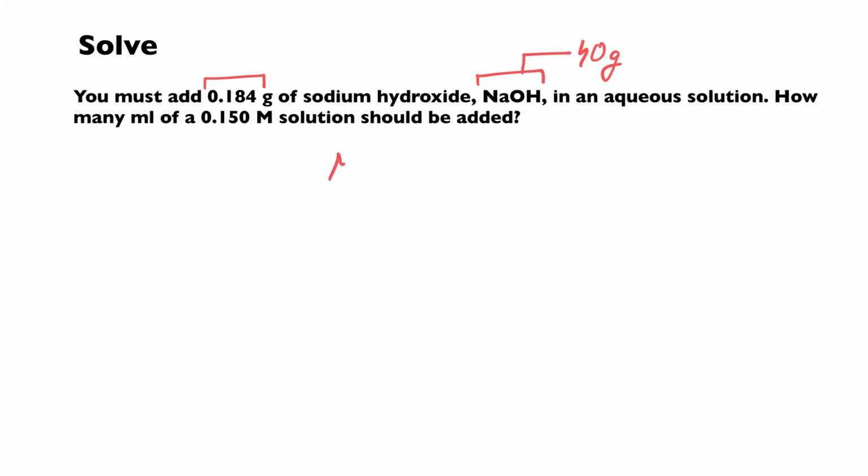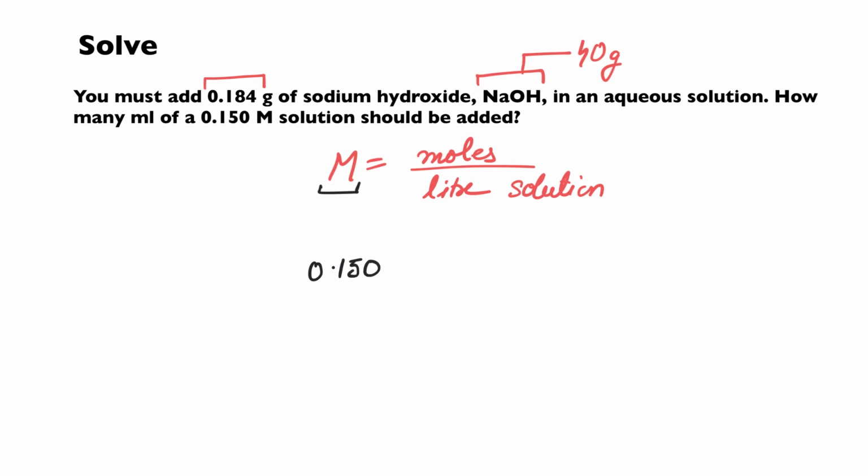So you know molarity is equal to moles per liter. So I'm just writing it like this: moles per liter of the solution. Very important, solution. Now, what do we know? We know the molarity, so let's fill it right there, 0.150.